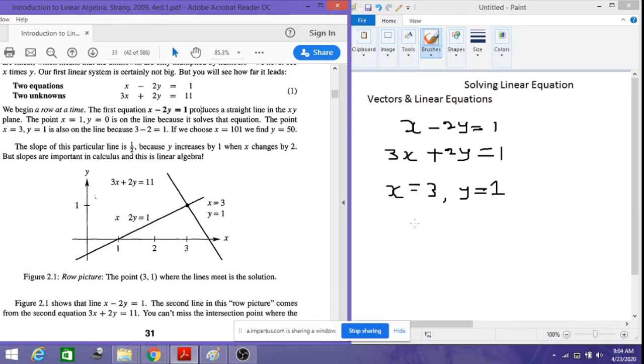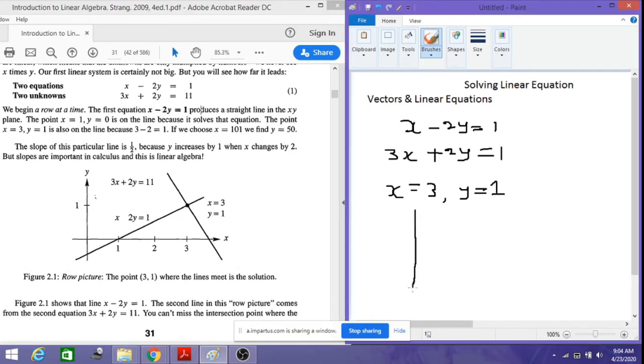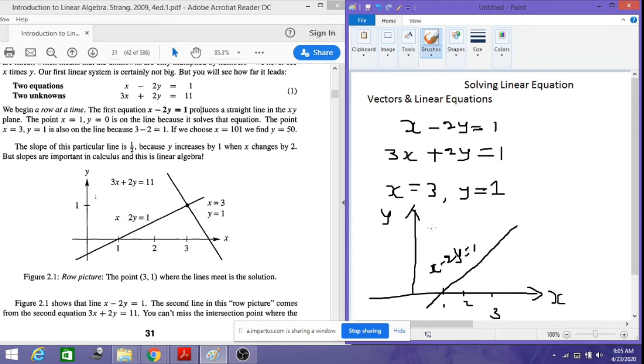When you plot this on the x and y plane, this is y and this is x. If you do the marking here, 1, 2 and 3, then this line is x minus 2y equal to 1, and we have one more line here that is coming like this.